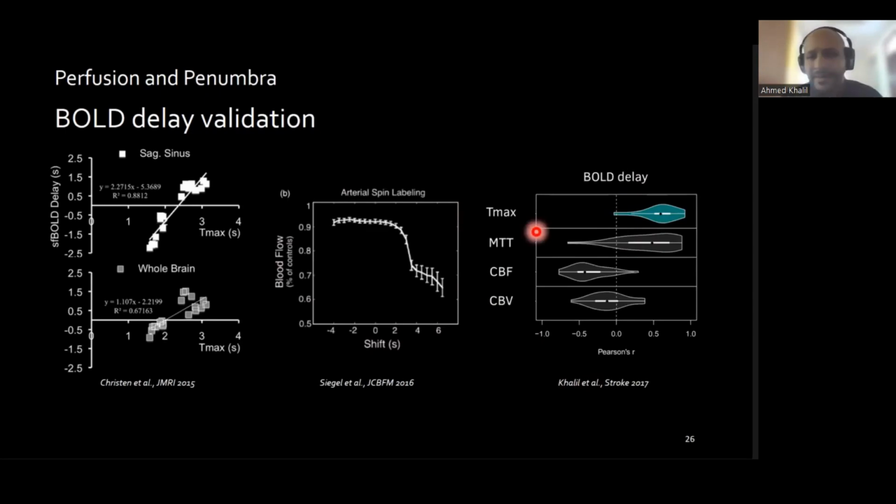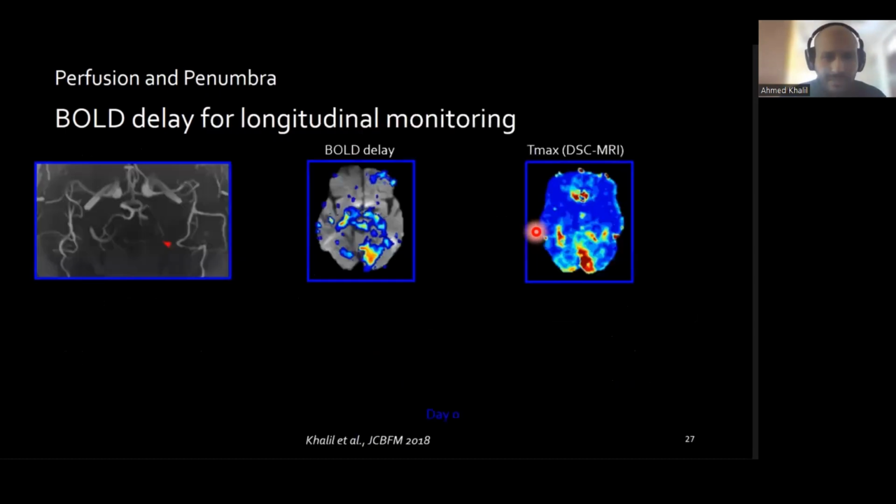So it's a delay parameter. Tmax is essentially not telling you that much, I think, about the microvasculature like CBV or CBF does, but it more tells you about how long it takes for blood to arrive, the arrival time of the blood in a certain region.